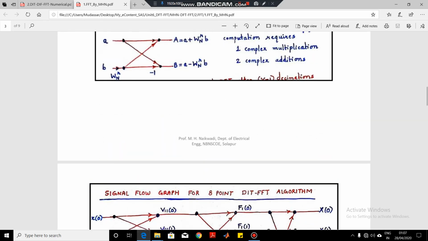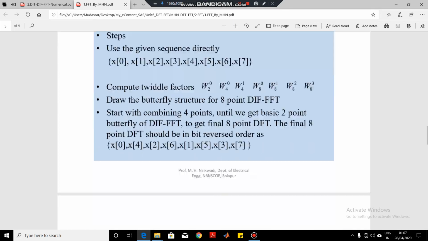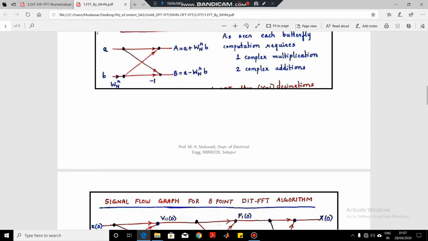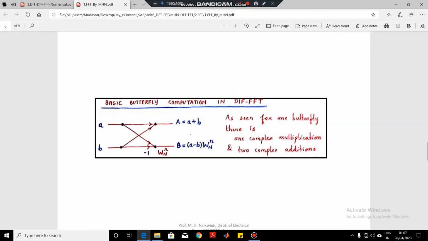See here, the output is a plus twiddle factor into b, but here the output is simply a plus b. The second output here is a minus twiddle factor into b, but here it is a minus b into twiddle factor. So these two outputs are different in each algorithm. That's why when you draw the signal flow graph, be very careful where you show the twiddle factor and where you show the minus sign, because once you make a mistake in your basic butterfly structure, all the calculations will go wrong.